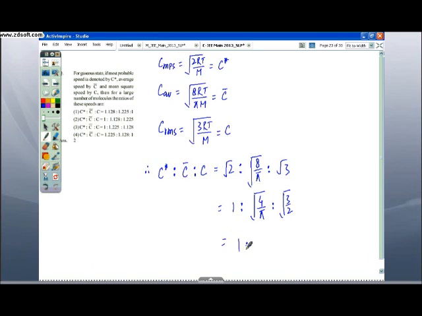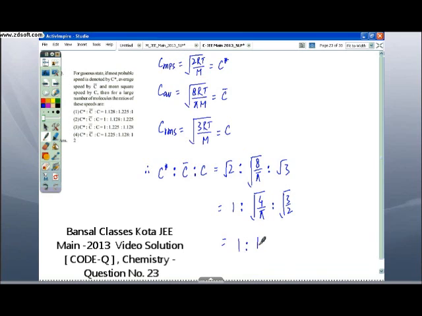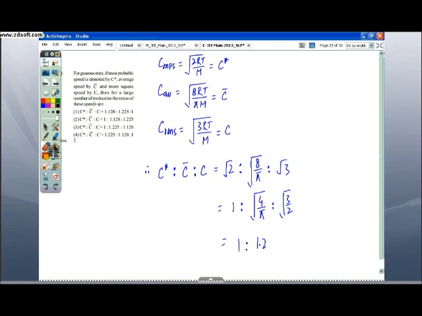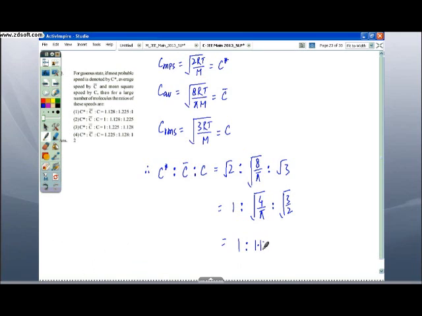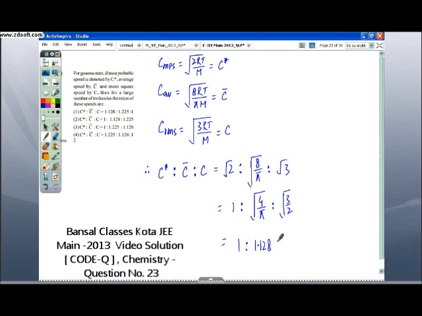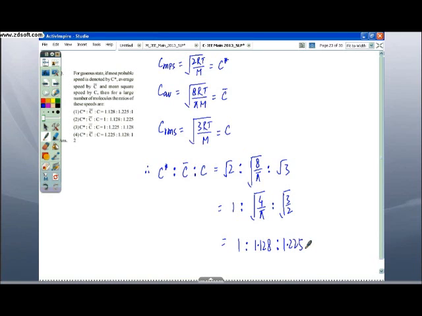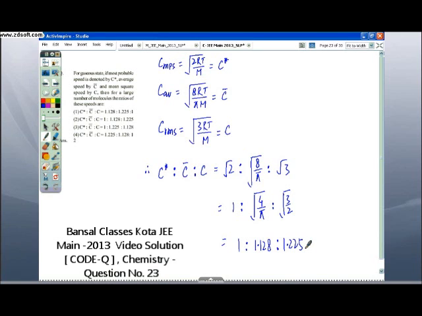This is equal to 1 is to 1.128 is to 1.225. Hence, second is the right answer.